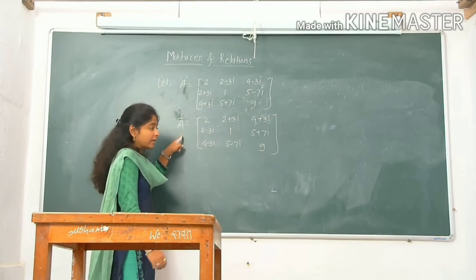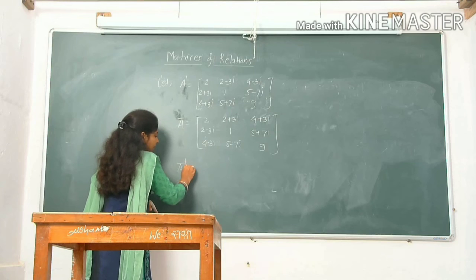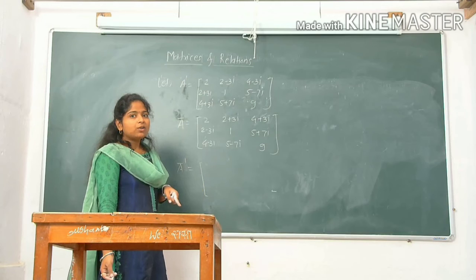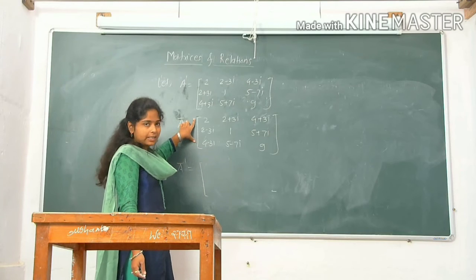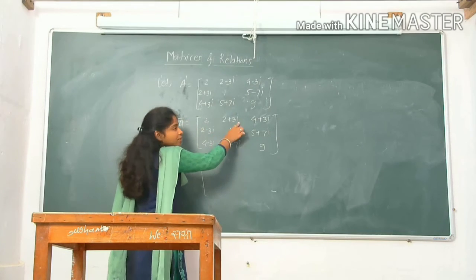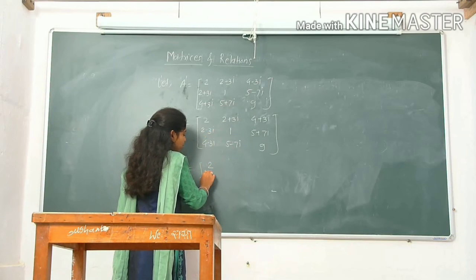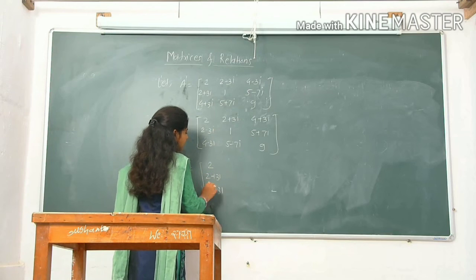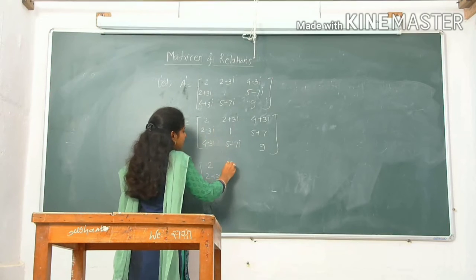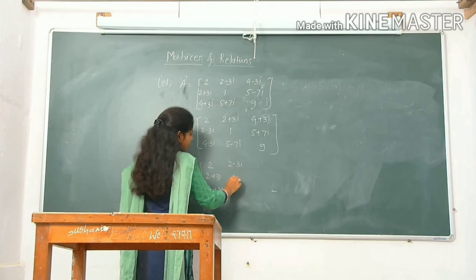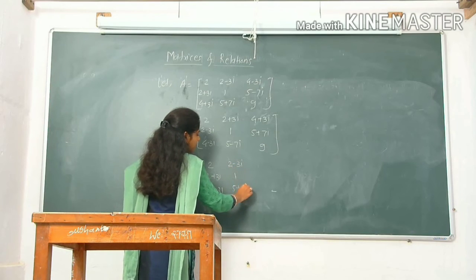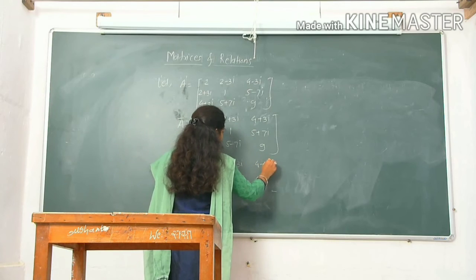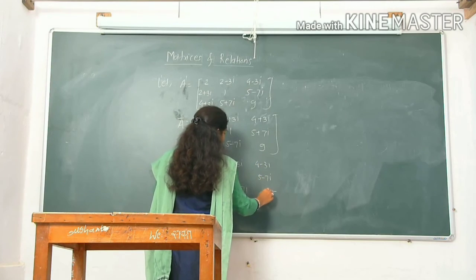Now we take its transpose, that is A bar dash. Transpose means we interchange all the rows and columns of matrix A bar. So we take the first row as the first column here: 2 plus 3i, 4 plus 3i. The second row as the second column: 2 minus 3i, 1, 5 plus 7i. And we take the third row as the third column: 4 minus 3i, 5 minus 7i, 9.